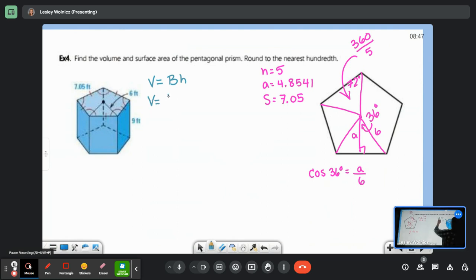1/2 times 5 times 4.8 times 7.05. I'm running out of room, guys. I put this up too high. Why do we write 1/2 again? That's just a formula. That comes from the triangles, because it's 1/2 base times height.